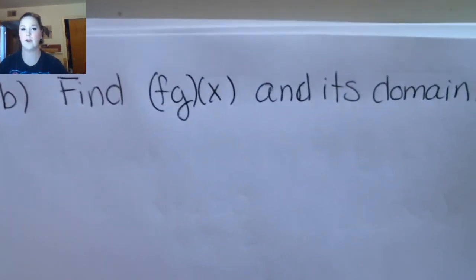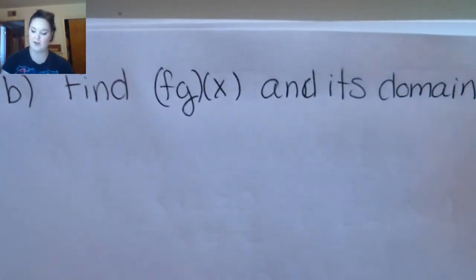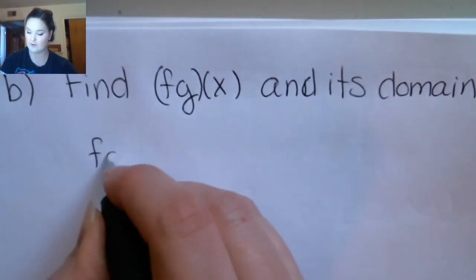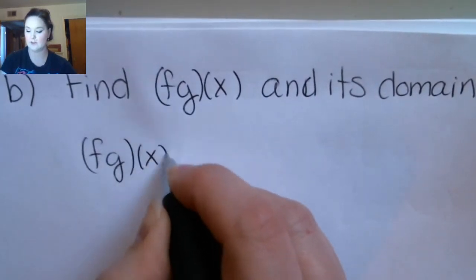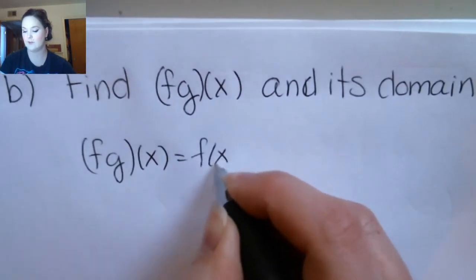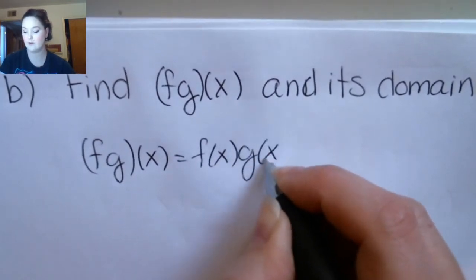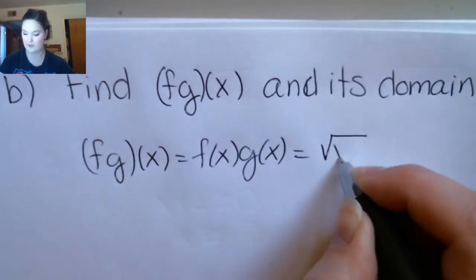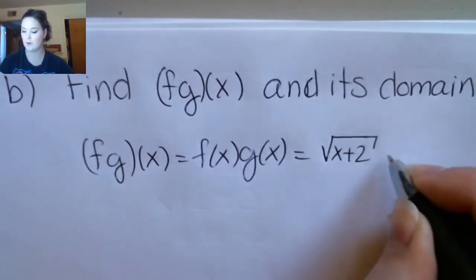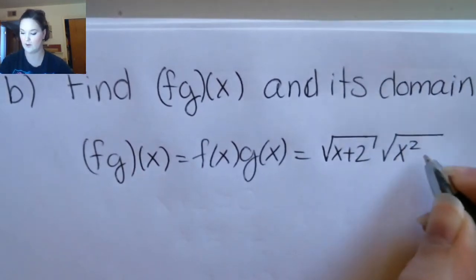So we're going to find f times g of x and its domain. So f times g of x is f of x times g of x, which for this example is x plus 2, square root of x plus 2 times square root of x squared minus 4.